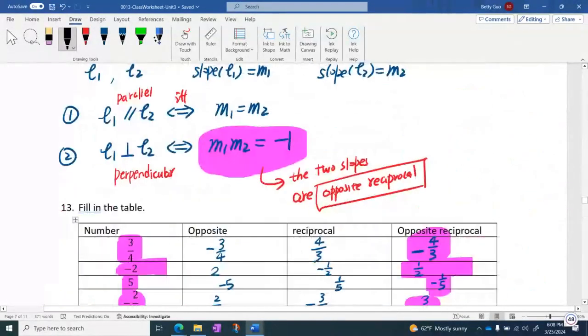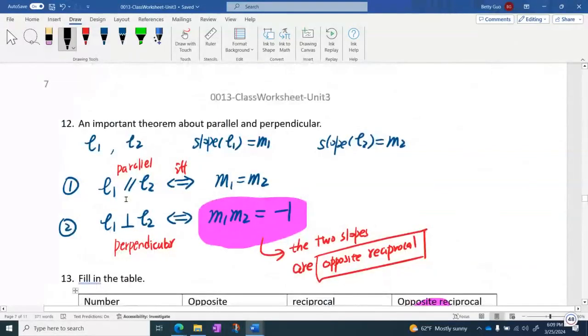If we have two straight lines, L1 and L2, and they are parallel, then the two straight lines must have the same slopes. Vice versa, if two straight lines have the same slopes, then they are parallel.